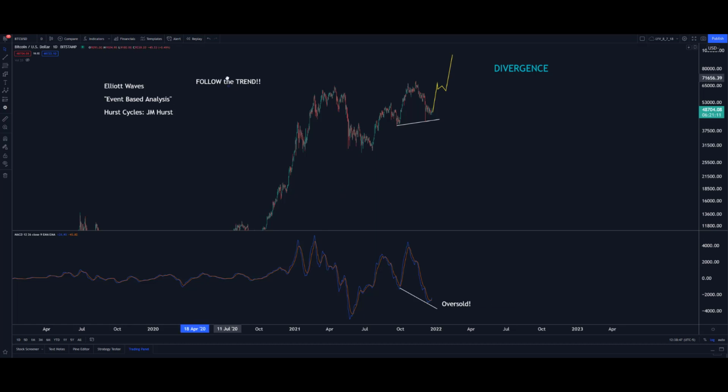Many traders, many analysts have a difficult time verbalizing exactly what follow the trend means. And at Hedgen.com, every member knows exactly my definition of what following the trend means. So using these three techniques, I can identify the beginning of a trend and the closing of a trend.